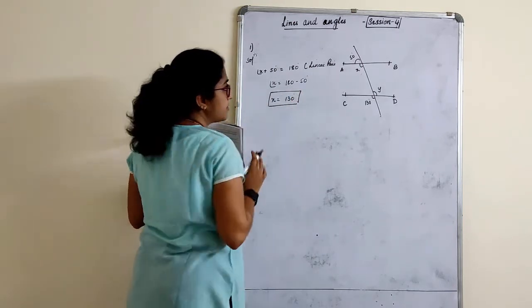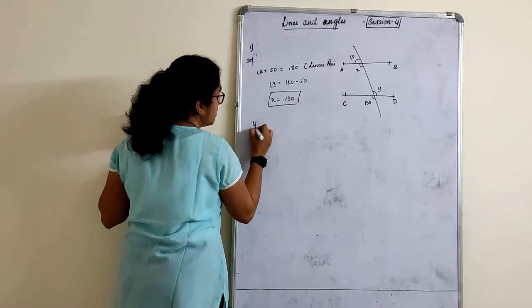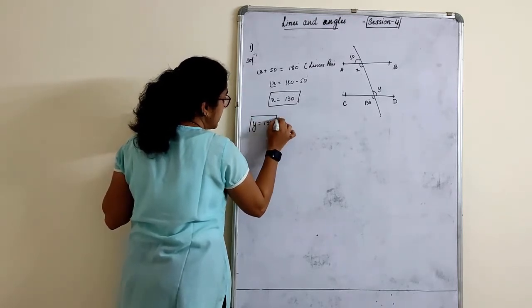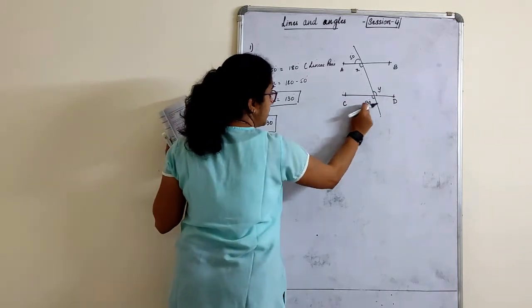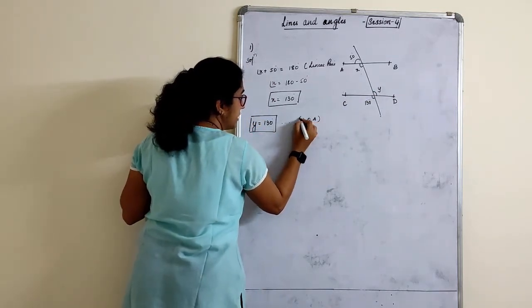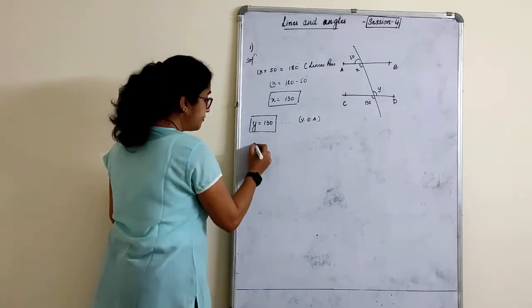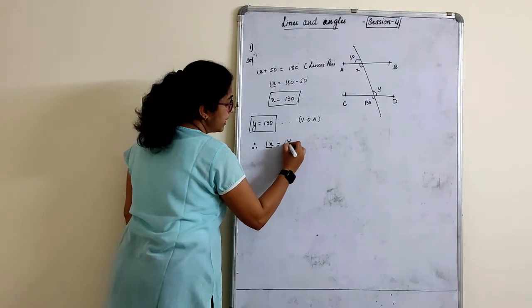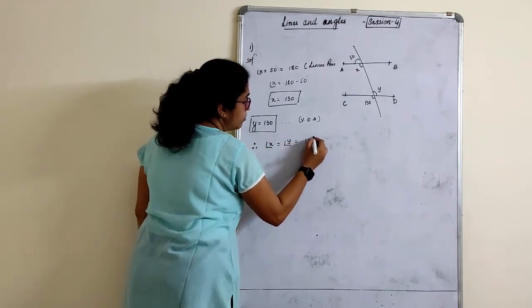Next, angle y is equal to 130. Reason? Vertically opposite angles. Therefore, angle x is equal to angle y is equal to 130.